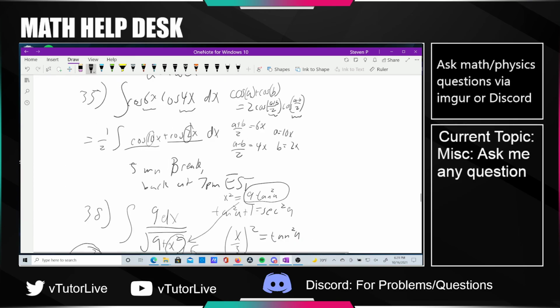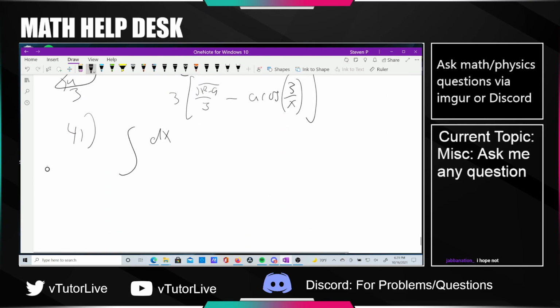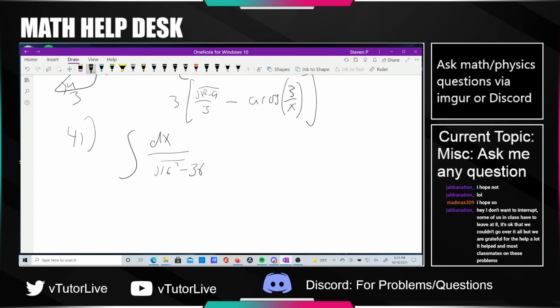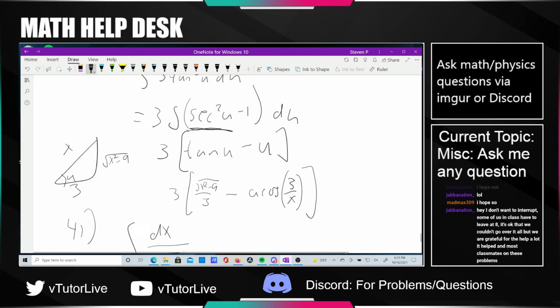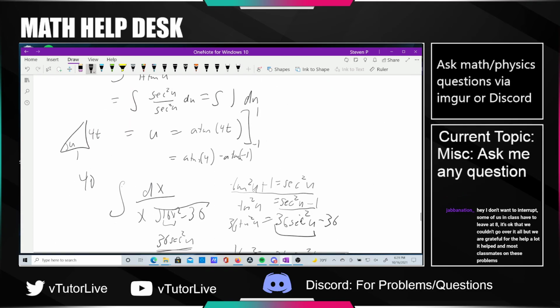Oh my god, these are such a drag. And 40, 41. But the fact that they're a drag also means that they're not too bad. So what is this? dx over 16x. I feel like we did this one already. I swear this looks familiar. Yeah, so I already covered 40.